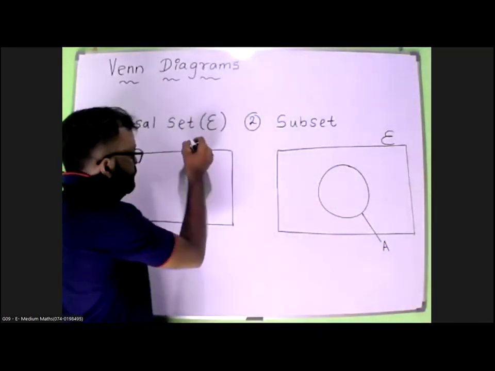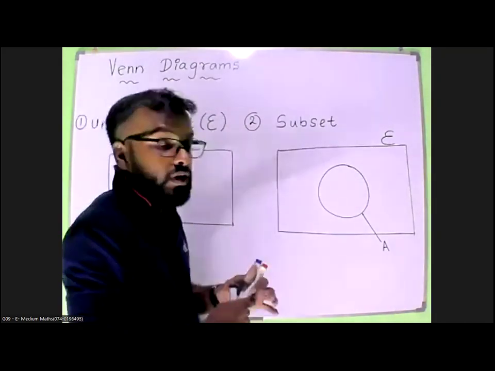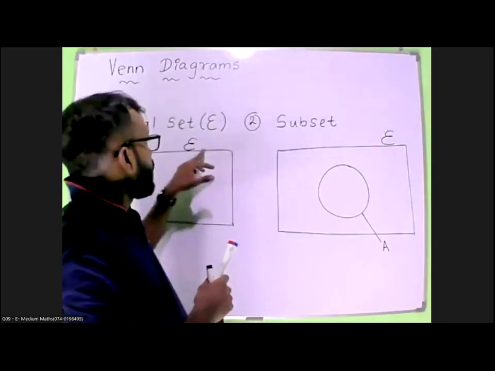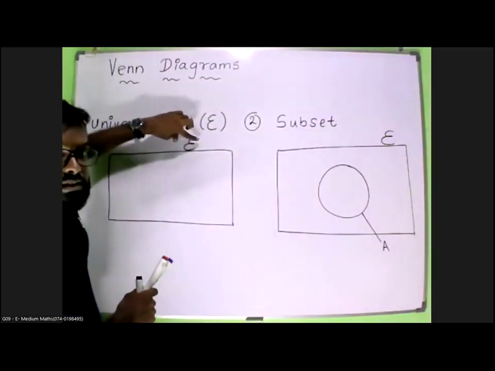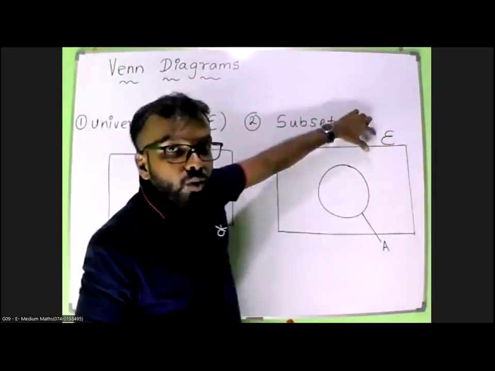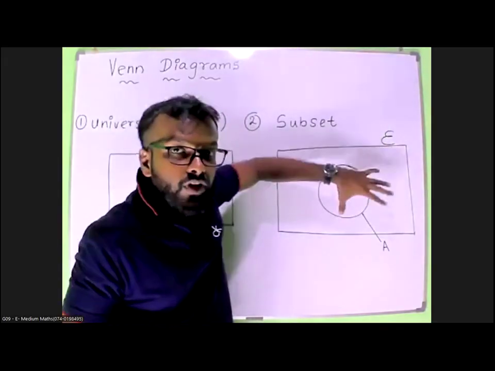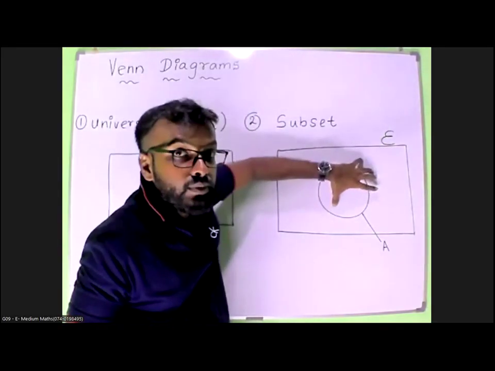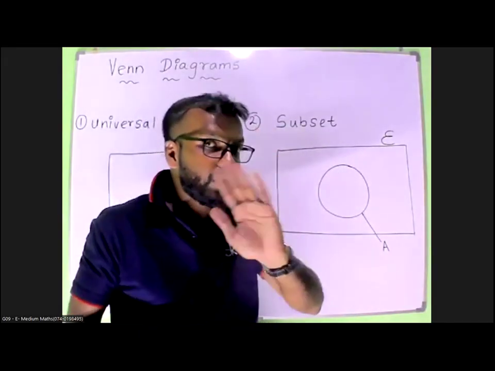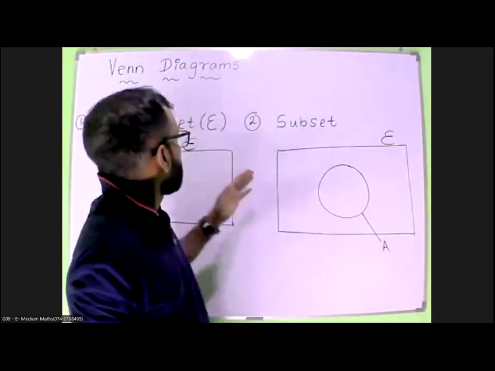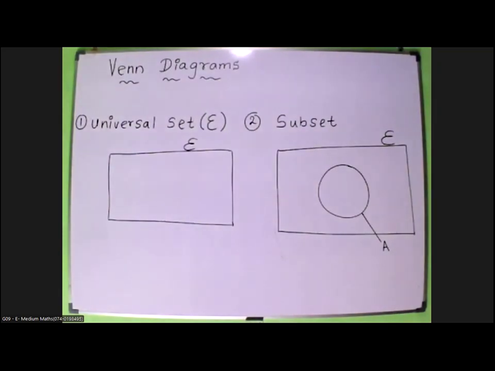On the top of this rectangle, you have to mention that this is the universal set, so you are going to write the symbol on top of this universal set, and you have to name this Venn diagram, and you have to name this subset, subject A. Keep that in your mind. These are very important. Please write these two.